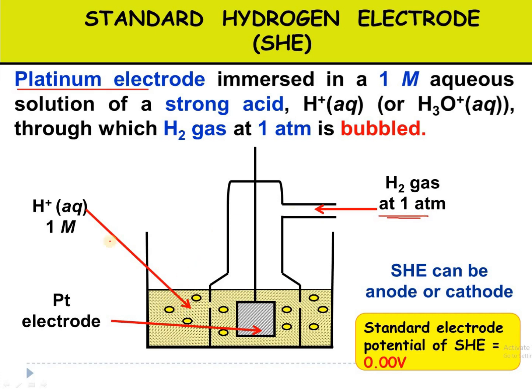The aqueous solution concentration is 1 molar for the strong acid. A platinum electrode or graphite electrode must be used. And for your information, SHE can be on the anode or cathode side. So the value of the standard electrode potential of SHE is equal to 0.00 volt.